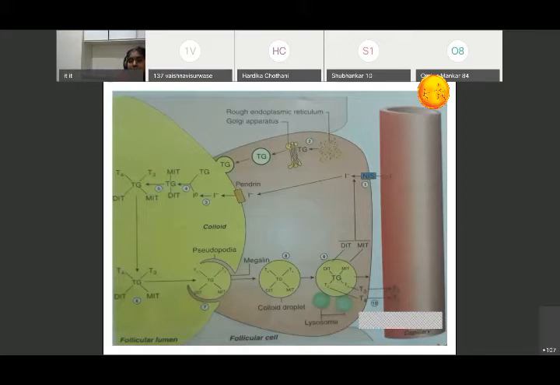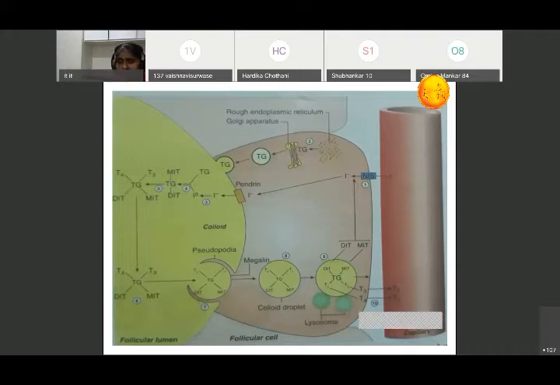Please see this diagram carefully today, because in the examination, if you draw this diagram, the marks will be given, because it's a very good diagram.